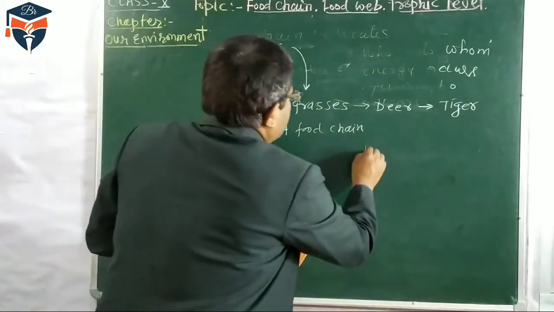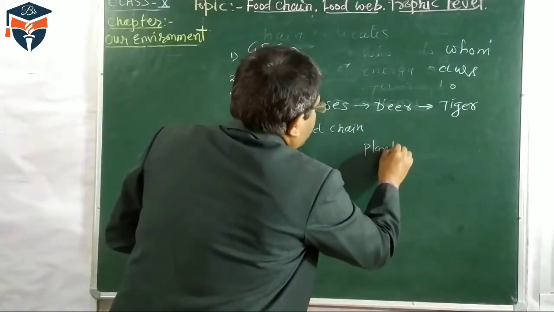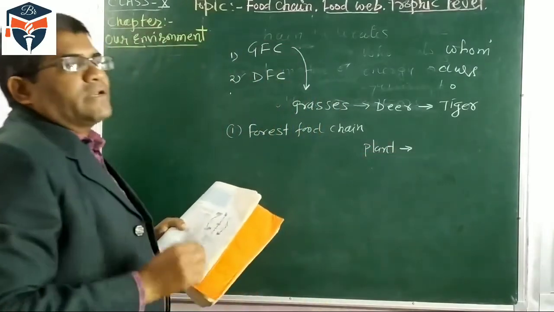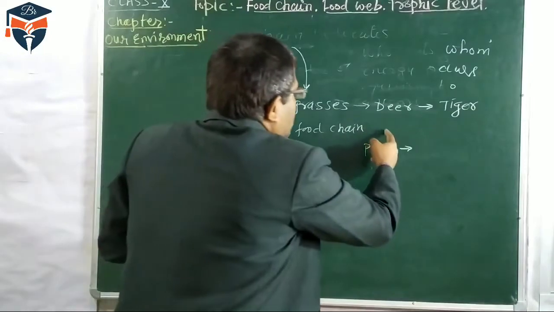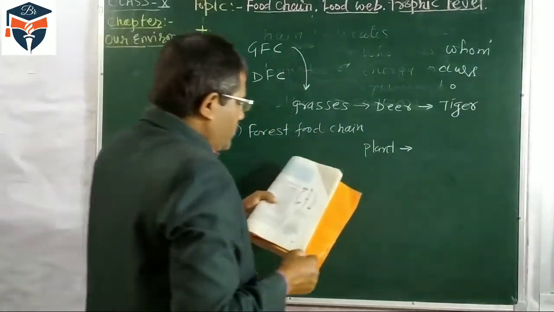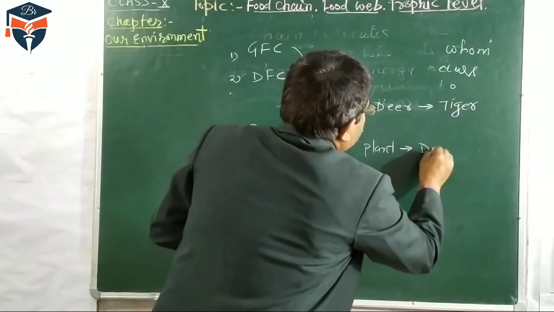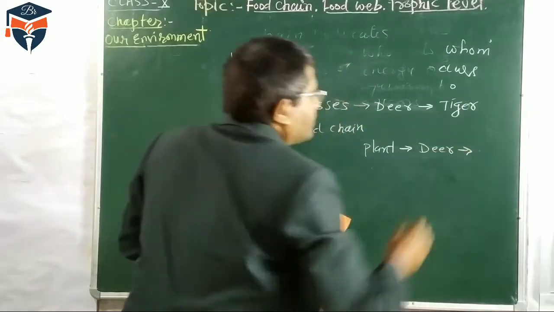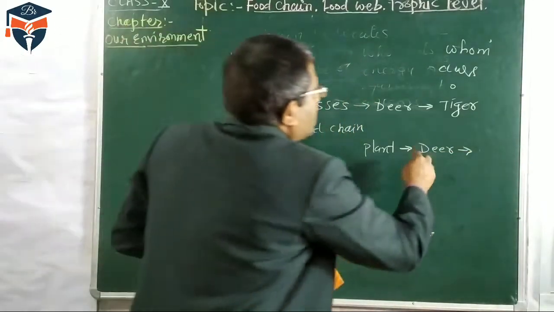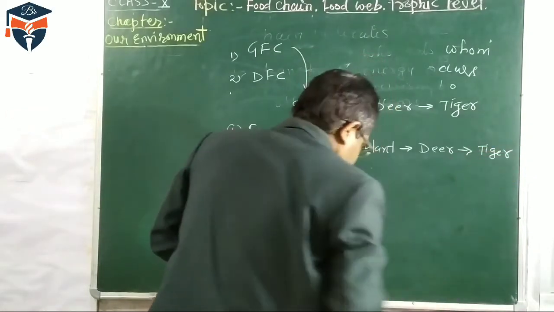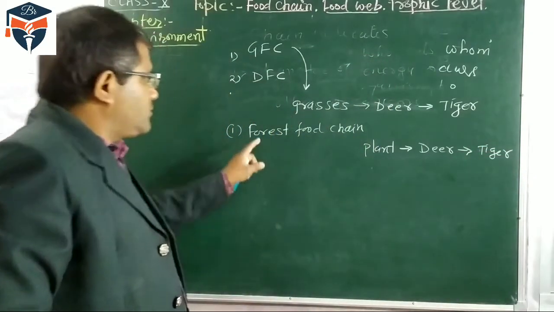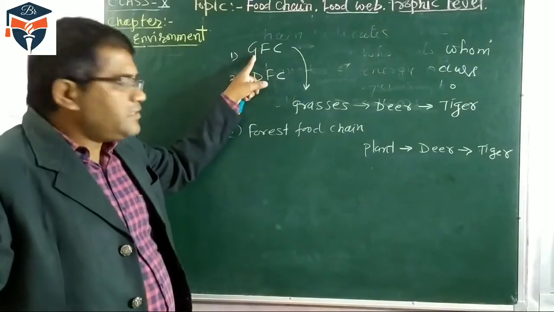In the forest food chain, plants trap solar energy and prepare food by photosynthesis. These plants are fed on by deer, and the deer is fed on by the tiger. So the forest food chain is one type of grazing food chain.